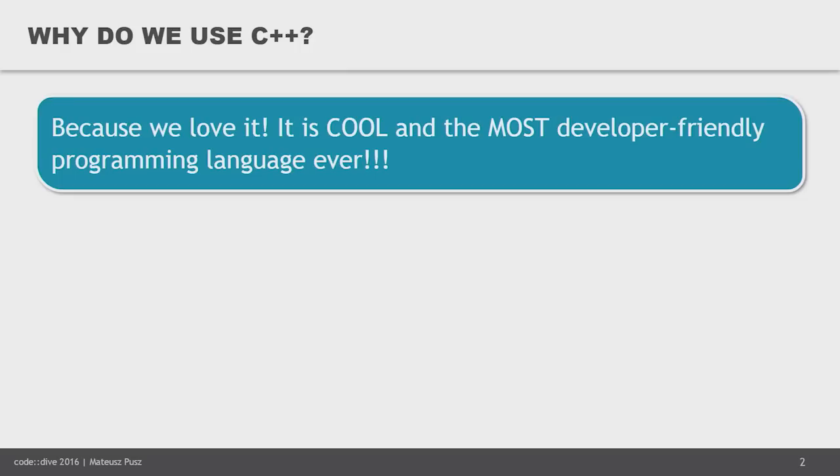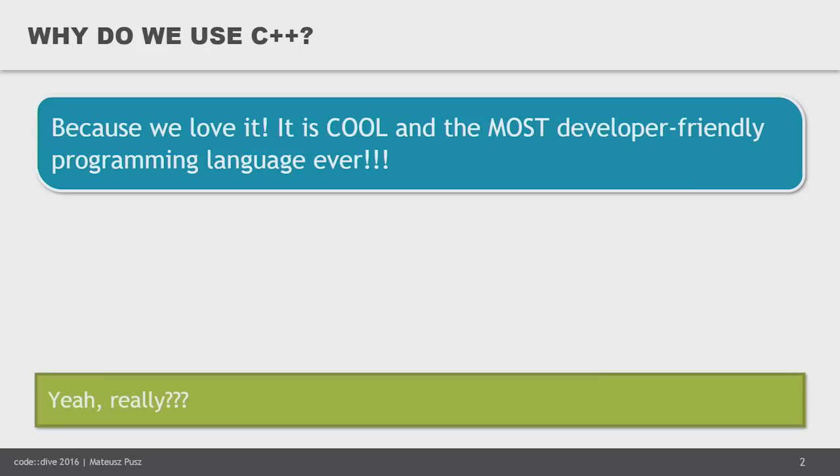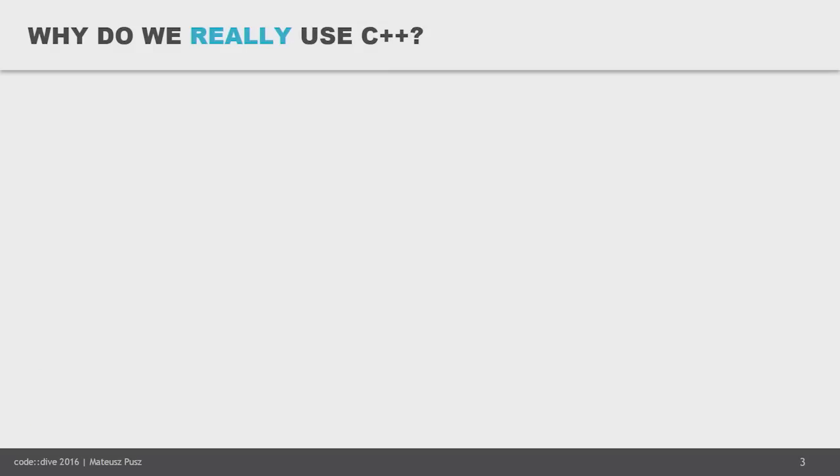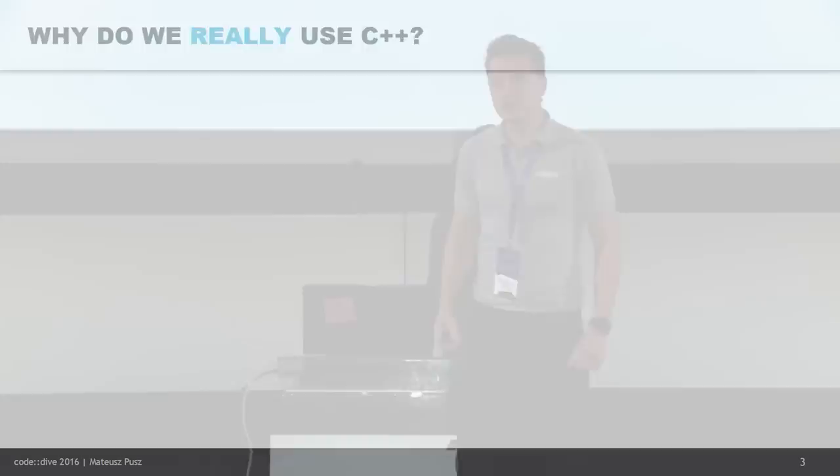But before we go to this tool, I would like to ask you, why do we use C++? Of course, you could answer that this is the best language ever, the most user-friendly, and the easiest to teach and learn. But I'm not sure if it's the right answer. I would say that we really use C++ because when it's used properly, it provides us access to many low-level features, and we can do exactly what we want to do with our hardware.